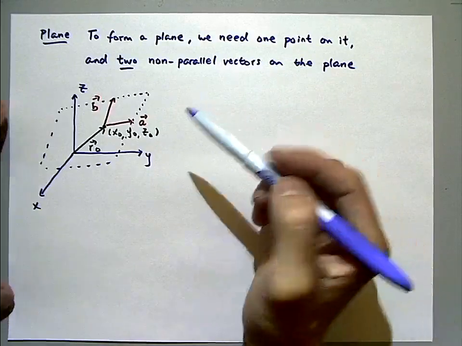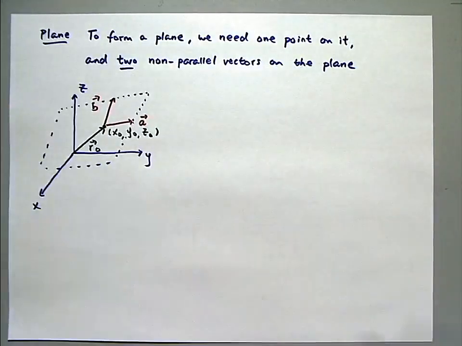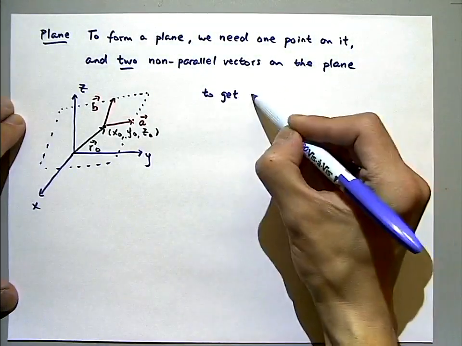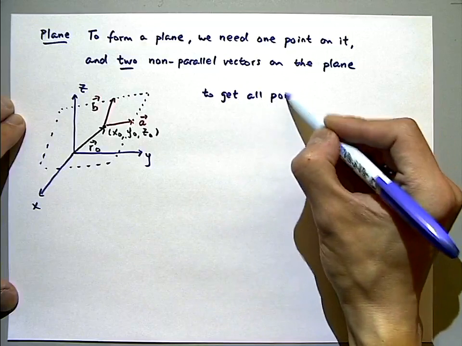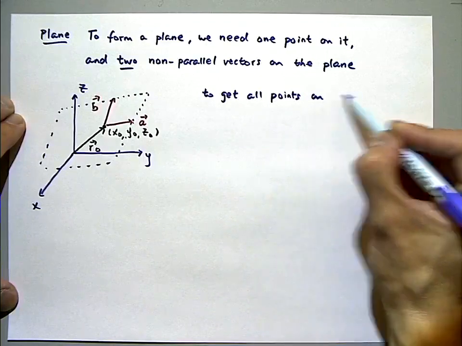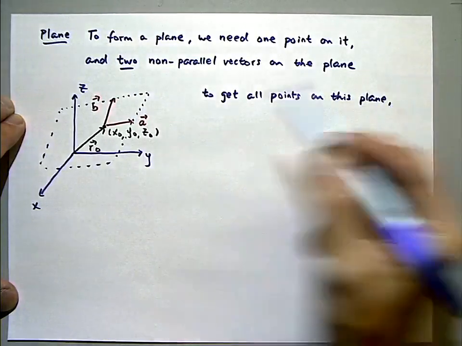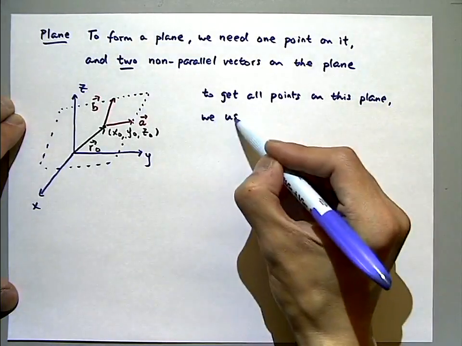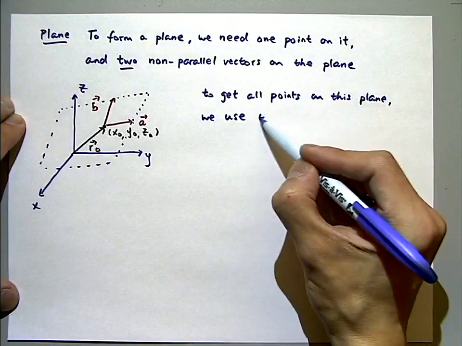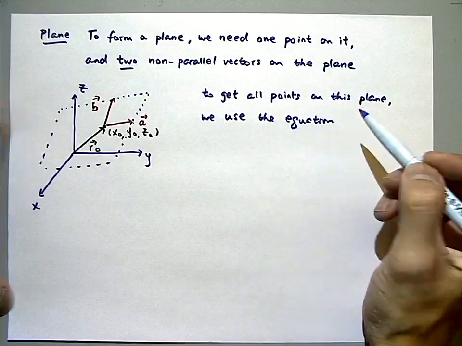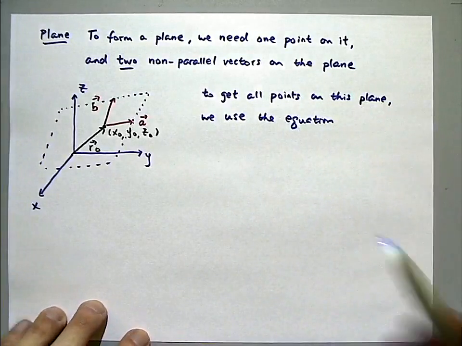Now notice, to get all the points on this plane, I'll write down the equation here, and if you look at it, it actually makes a whole lot of sense.